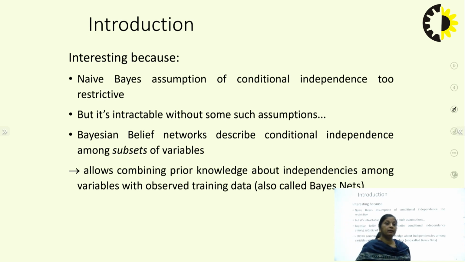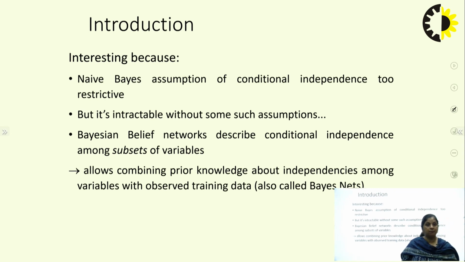A point to be noted here is that in Bayesian learning we use Bayes theorem. The Bayes theorem is based on conditional probability.